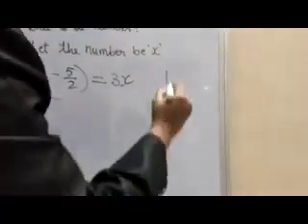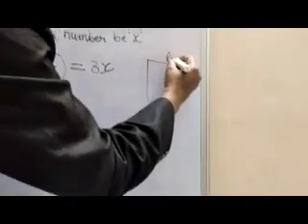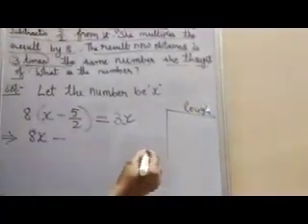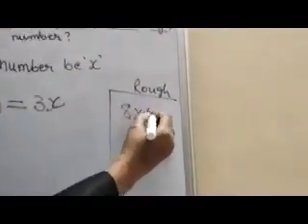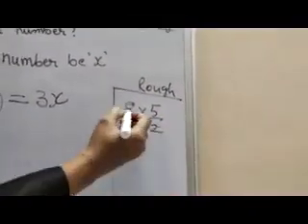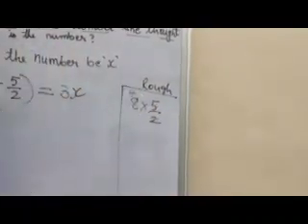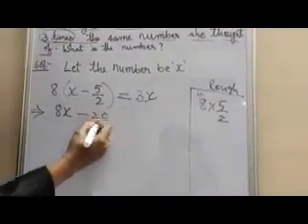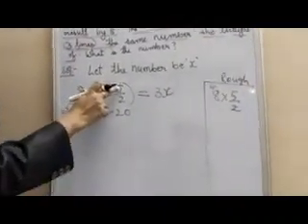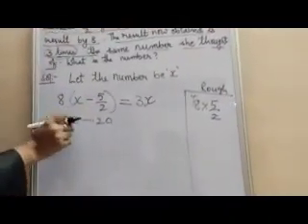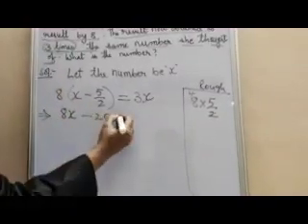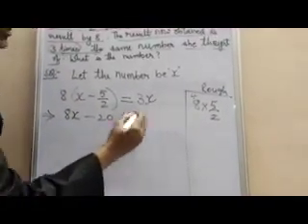Do the rough work here. 8 into 5 upon 2, just do the cancellation, 4 5s are 20. So 8 into 5 upon 2 is 20. 8x minus 20 is equal to right hand side 3x as it is.